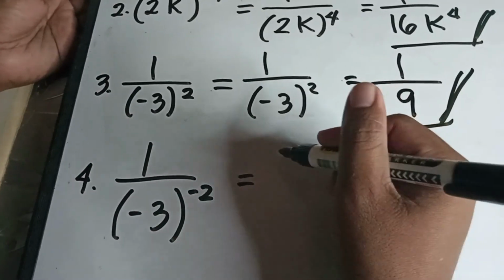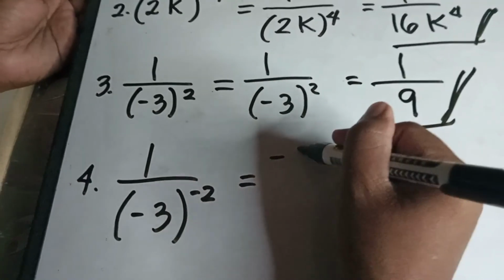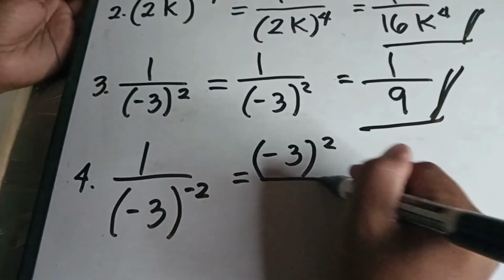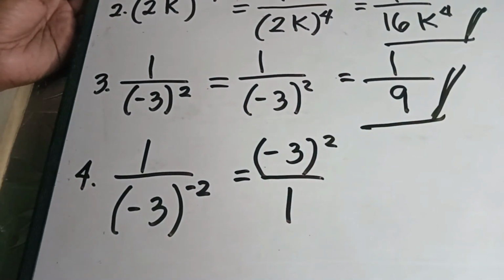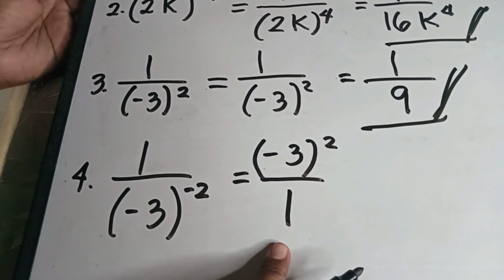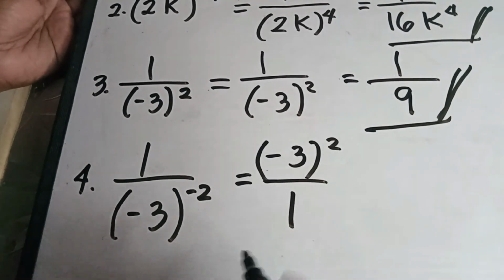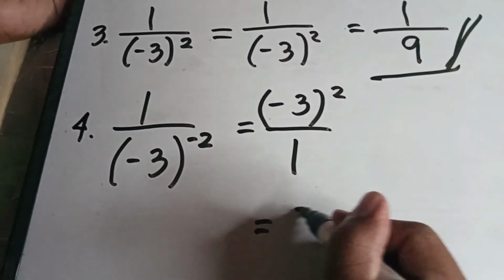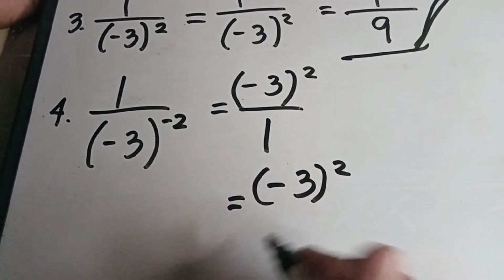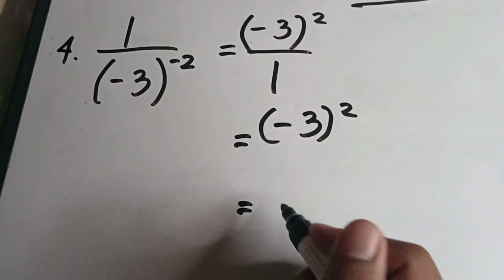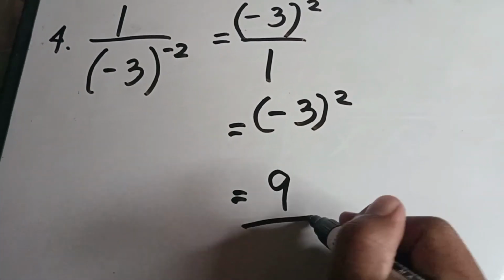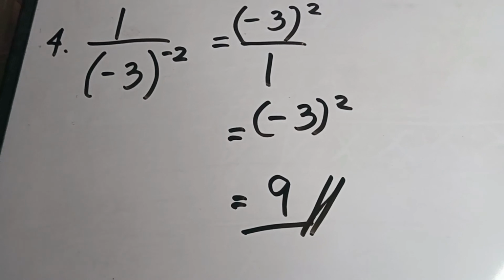So, ang mangyayari, magiging negative 3 raised to 2. Tapos, yung denominator niya rito na 1 ay nasa ilalim. Eh, since whole number yan, ang lahat ng whole number, di ba, invisible na yung 1. So, pwede natin itong i-write as negative 3 squared. Or simply, negative 3 squared is equal to negative 3 times negative 3, that is positive 9. So that is the final answer.